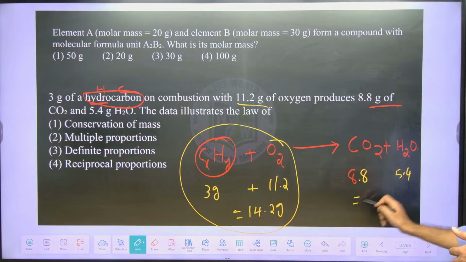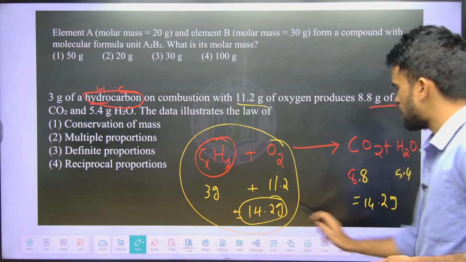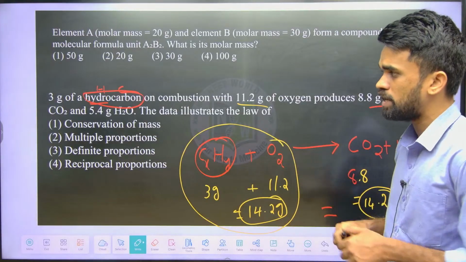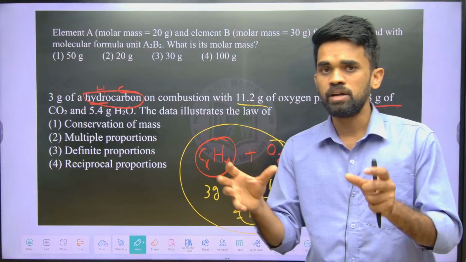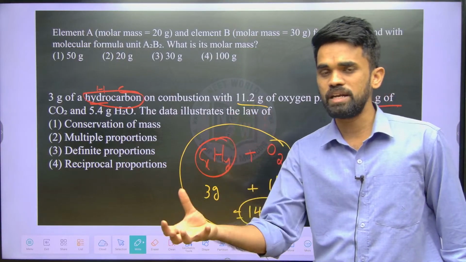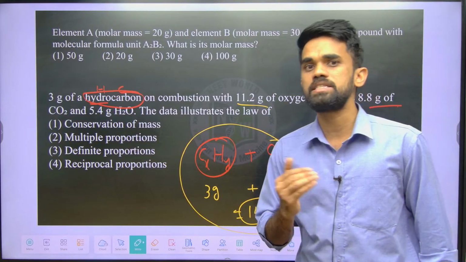So this total mass is also 14.2 grams only. So the total mass of reactants and the total mass of products are equal. So this data is saying the total mass during the reaction will be conserved. The total mass of the reactants should be equal to the total mass of the products formed. Okay, this is the law of conservation of mass.